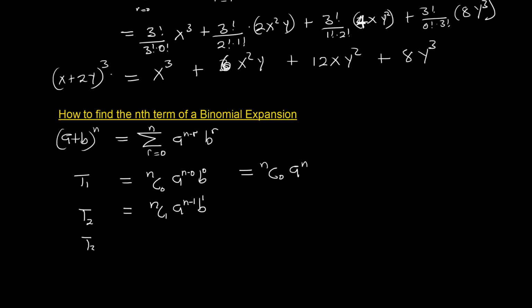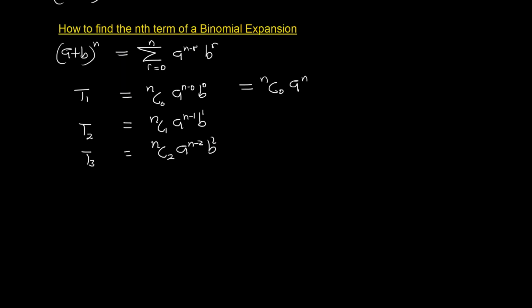The third term, t3, will be nC2 a to the n minus 2, b to the 2. The fourth term, t4, will be given by nC3 a to the n minus 3, b to the 3.